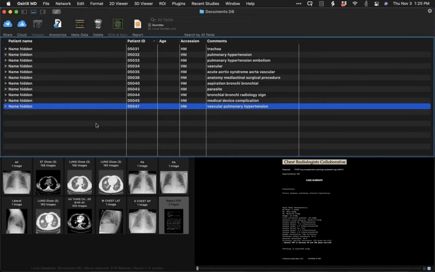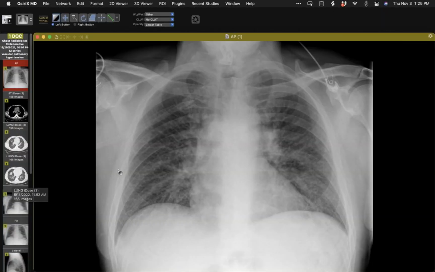He did have a perfusion scan at one point. I don't have that to look at, but it showed defects. And I guess the defects were of a sufficient size in the lungs that they thought about the possibility of CTEPH as a potential diagnosis.